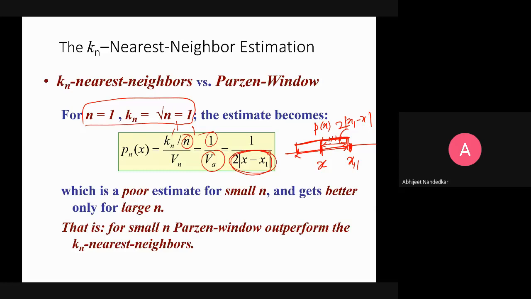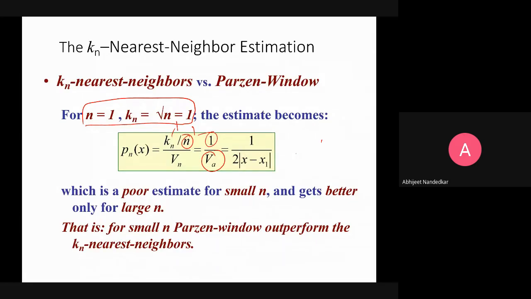Now note that we don't have any control on growth of the volume. It can grow as per the requirement to accommodate those many samples. In this case, k equal to 1, so it will keep on increasing its size till it reaches the only available training sample.